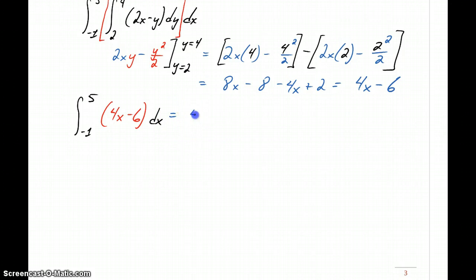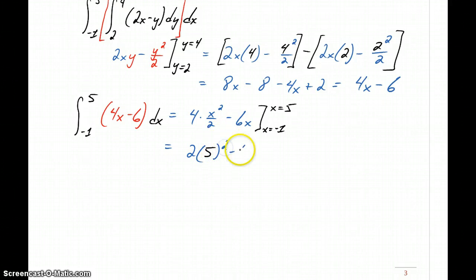So integrating with respect to x will give us 4 times x squared over 2 minus 6x. And then we're going to evaluate this from x equals -1 to x equals 5, which will give us 2 times 5 squared minus 6 times 5. And then we'll subtract, evaluating that exact same expression at -1.